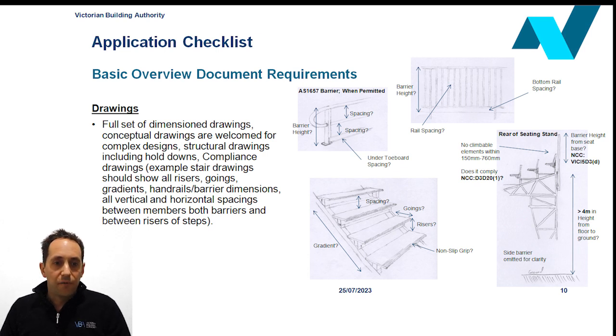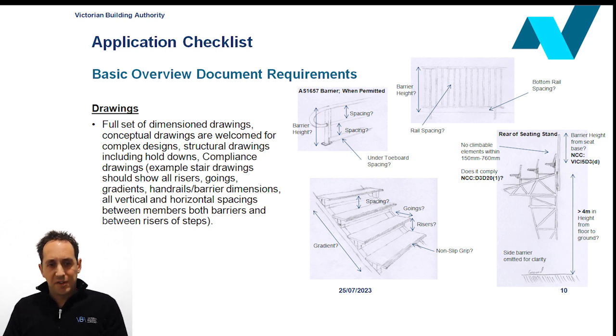Requirements under VIC I5D3D of the National Construction Code 2022, previously VIC H102.2, require the barrier to be measured from the seat base or plat, whichever is the highest, when there is no aisle separating the seat and the barrier. Therefore, compliance measurements should be shown in the situation from the seat base as shown in the diagram.